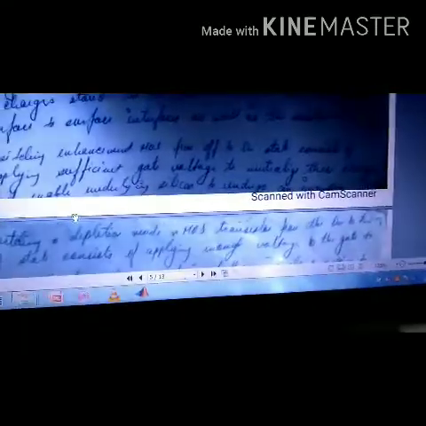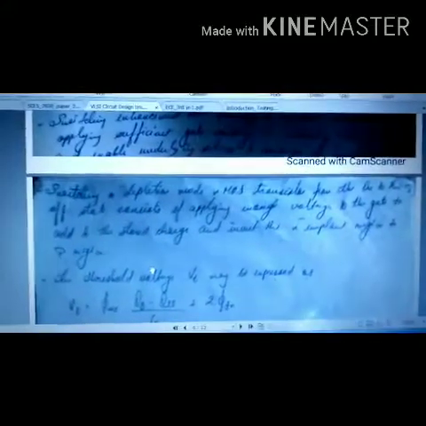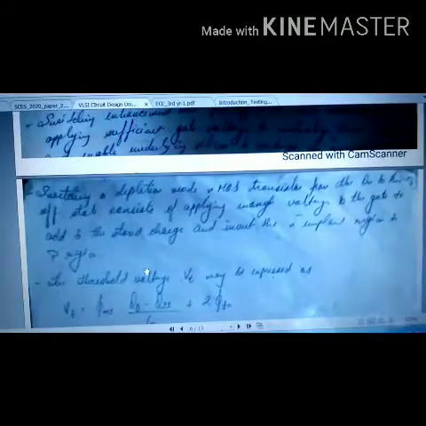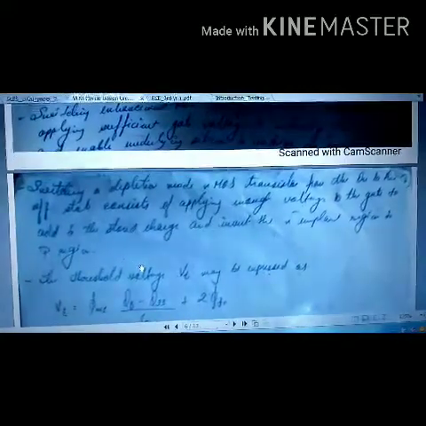And thereafter, only once these charge carriers are neutralized, the inversion process can take place. So, switching a depletion mode NMOS transistor from on to the off state: yes, for the depletion mode transistor we will deliberately apply the voltage to switch off the transistor.